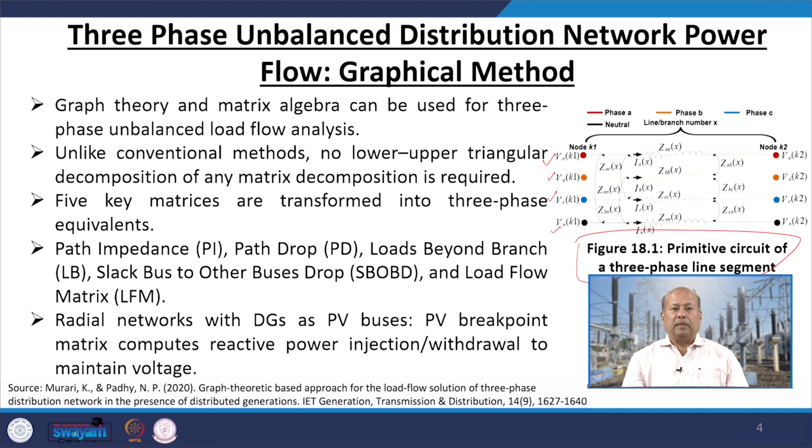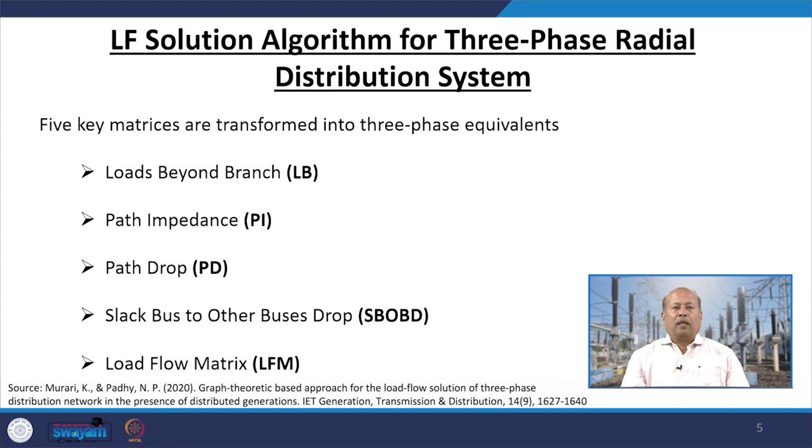Radial network with DGs as PV buses: the PV breakpoint matrix computes reactive power injection and withdrawal to maintain voltages. Now, the 5 key matrices are transferred into three phase equivalents. So, try to understand what is loads beyond branch LB, path impedance PI, path drop PD, slack bus to other bus drop SBOBD and load flow matrix LFM.